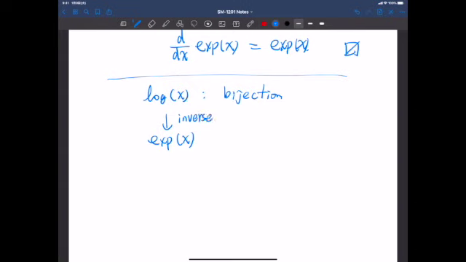Then, based on this function, we defined the constant e as the value of exp 1. Next we have shown that for any natural number n, exp of n is equal to e to the power of n.